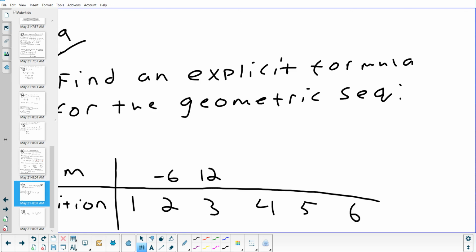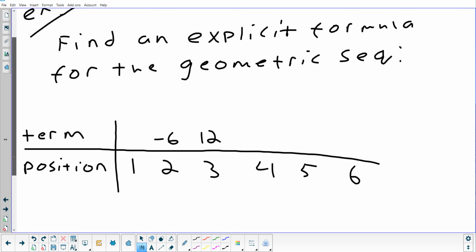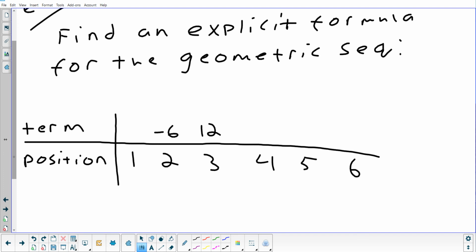Let's try one of those. Find an explicit formula for the geometric sequence. Oh, that's wacky. So they didn't quite give you what you needed. What's the first term here? 3.